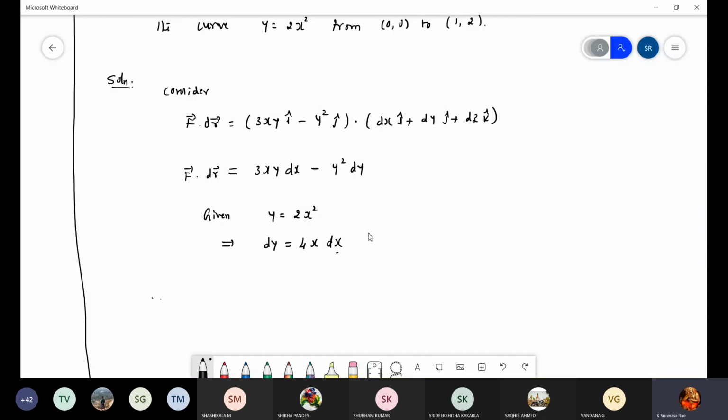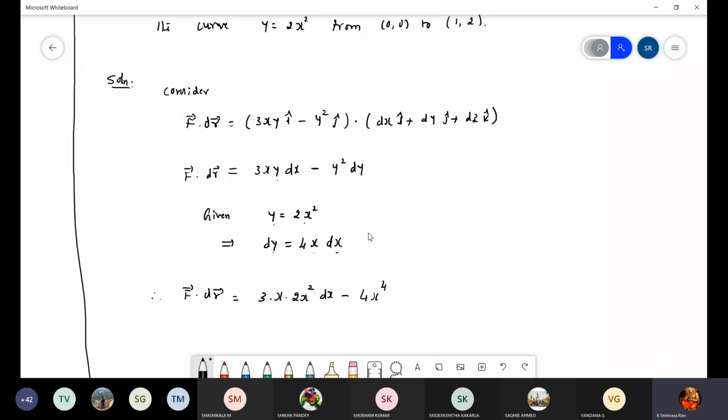Therefore, f dot dr equals 3 into x into, let it be x as it is, because you can observe here y is also in terms of x, dy also in terms of x. So convert all y in terms of x only. Keep x as it is. Wherever y is there, substitute 2x square into dx minus y square. Y square means 2x square whole square. Shall I write directly? What is y square? 4x power 4.